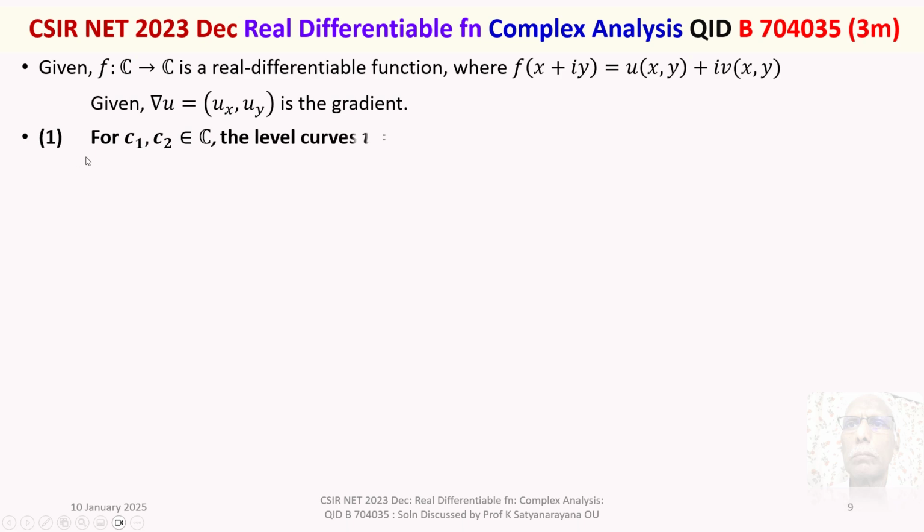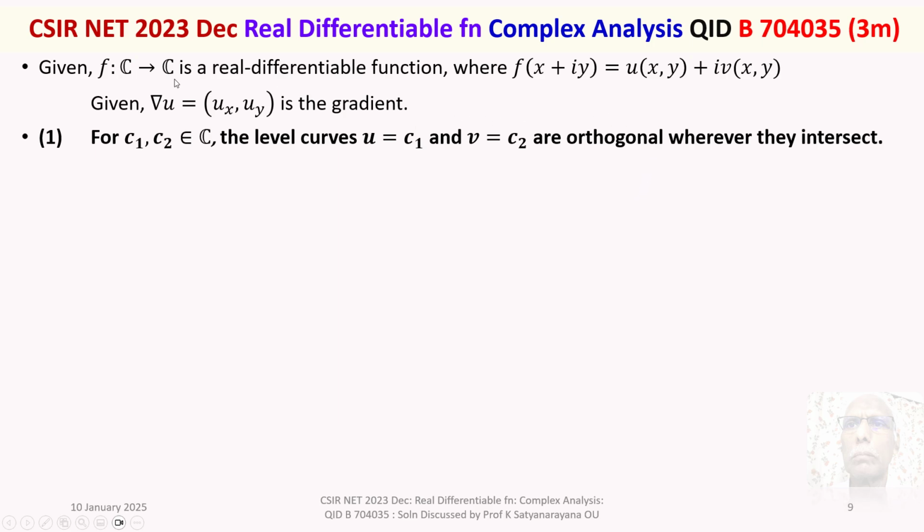Option 1. For C1, C2 belonging to C, the level curves u = C1, v = C2 are orthogonal wherever they intersect. We have f(x + iy) = u(x,y) + i v(x,y). If we equate u(x,y) = C1, v(x,y) = C2, then we get the level curves.